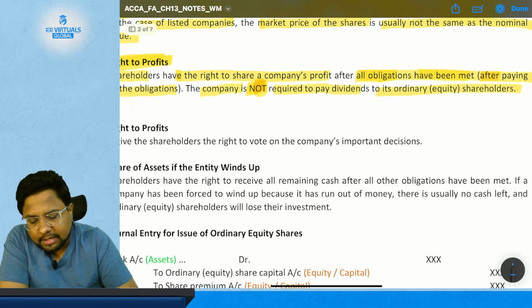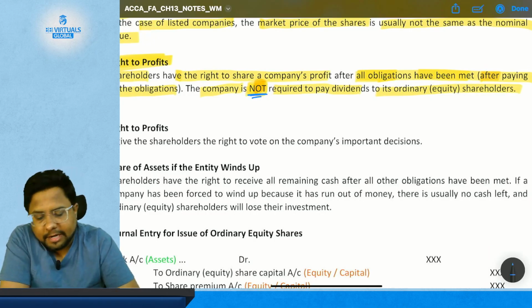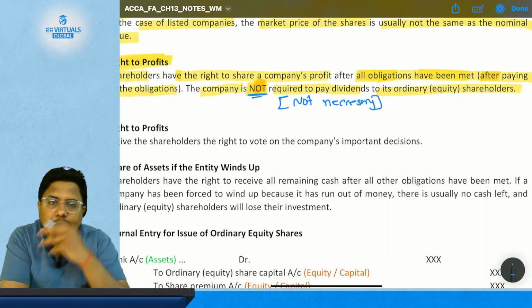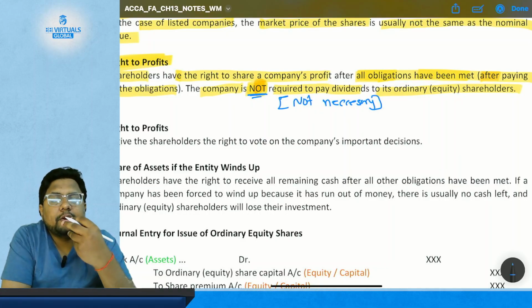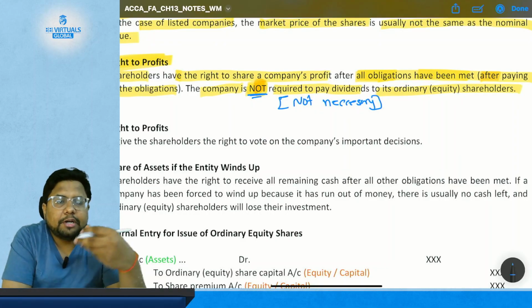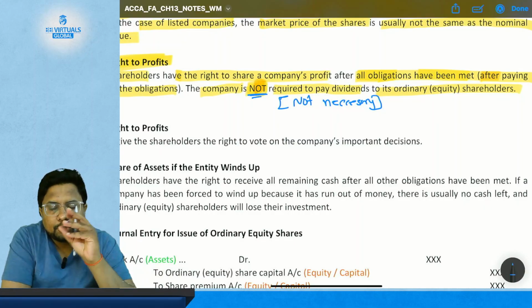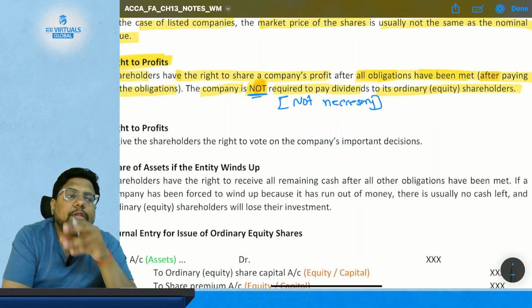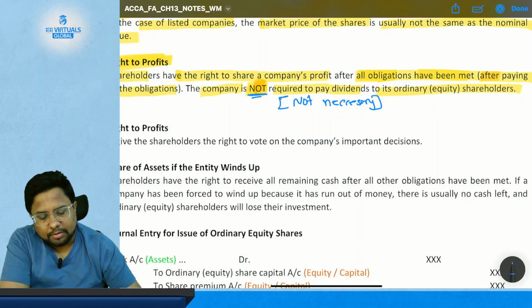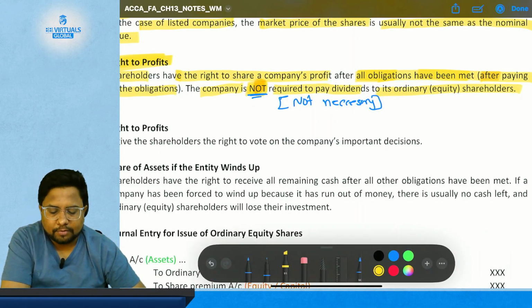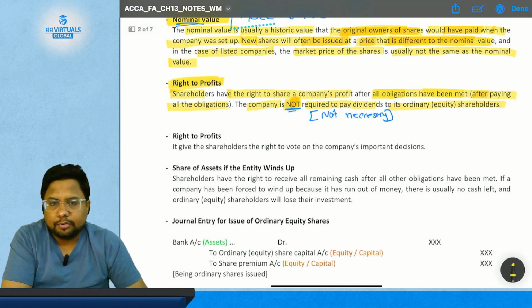So even if the company has profit and they are left with some profit, they are not mandated by any law to pay the dividend. So dividend is a right but not an obligation of the company to pay every time. Okay, so if they have the profit they will pay, if they don't have the profit they will not pay the dividend to the shareholder.